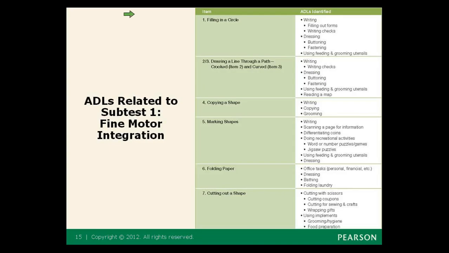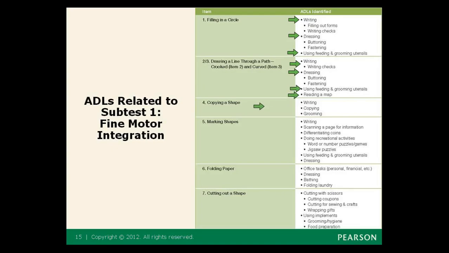If we look at filling in a circle, we see that item 1 was found to be related to writing, dressing, and using feeding and grooming tools. We also see some commonalities between some of these items. The ADLs measured with items 2 and 3, drawing a line through a crooked and curved path, can also be related to writing, dressing, feeding again, and using a map.